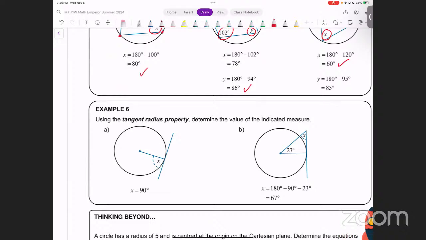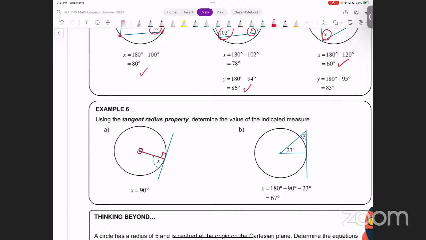When you draw a tangent, what is a tangent? From the center, if you draw the radius to touch the circumference of the circle, and I draw another line that is also touching the circle, the angle formed by those two lines is always 90 degrees.